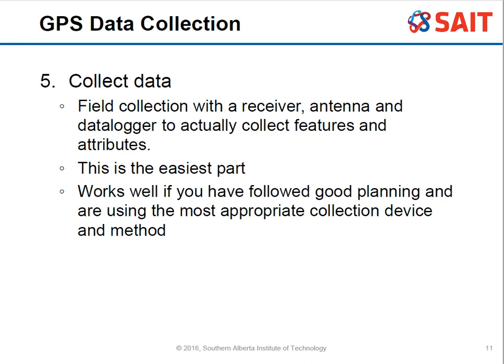A tree, if you have to go under the canopy, you might lose signal. So you might have to offset it and make sure you measure it out. Use a measuring tape, and then you can put that in your field notes and say, hey, this is off by this much. So when you come back into the office to do your actual map, all you need to do is edit that point over.